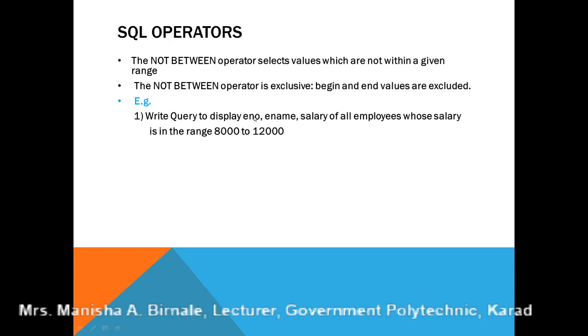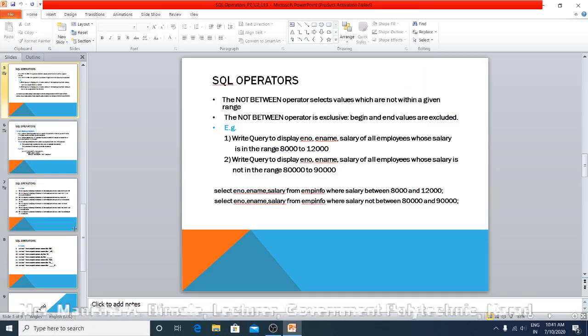So here we have to write a query for displaying the employee number, name and salary of those employees whose salary is in the range 8,000 and 12,000. So the employee whose salary is 8,000 or whose salary is 12,000, that record is also included in the result because the between operator is inclusive. So let us see it.